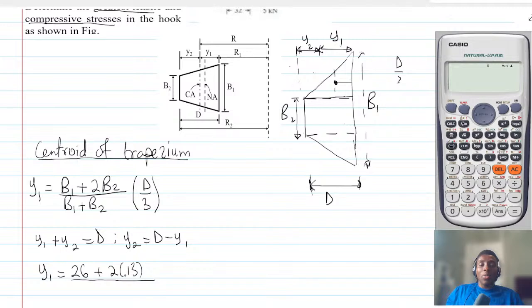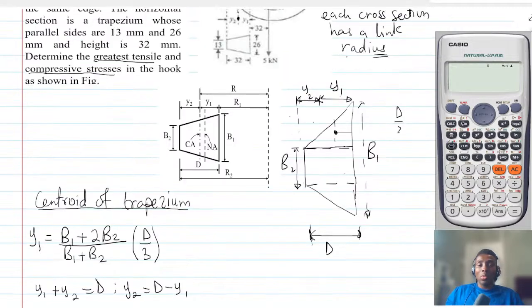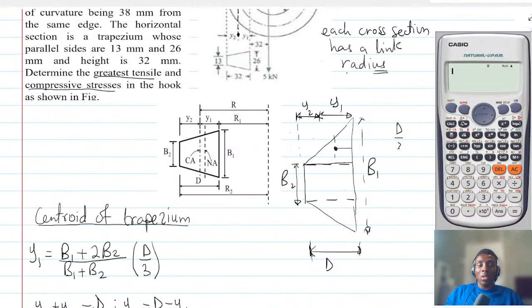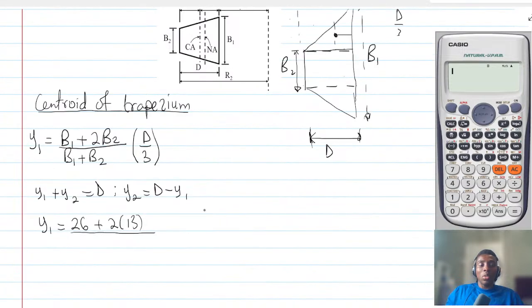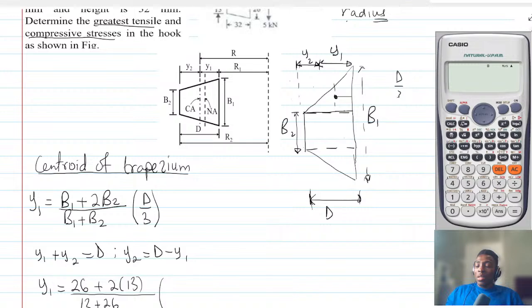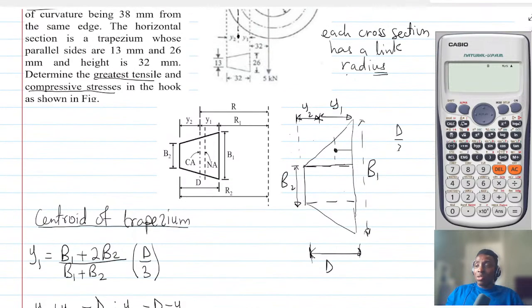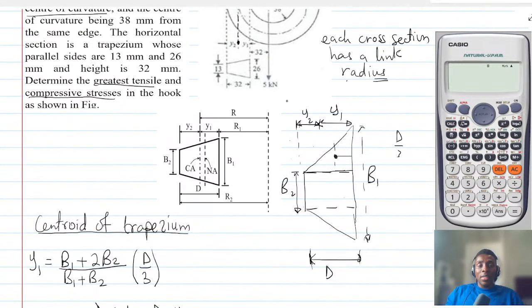Then we divide this by b1 plus b2, which is 13 plus 26, multiplied by the depth. Now the depth is actually this distance all the way through here, and that is 32 from the diagram. The depth is 32.